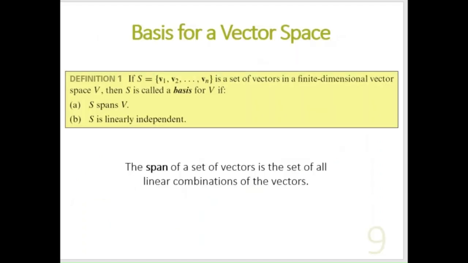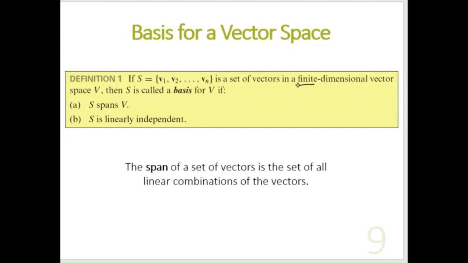So we get to our first definition. We want to talk about the concept of basis vectors. Definition 1 says, if S is a set of vectors in a finite dimensional vector space V. So what does finite dimensional mean? That means that there is a finite set of vectors. So that's one thing to note.